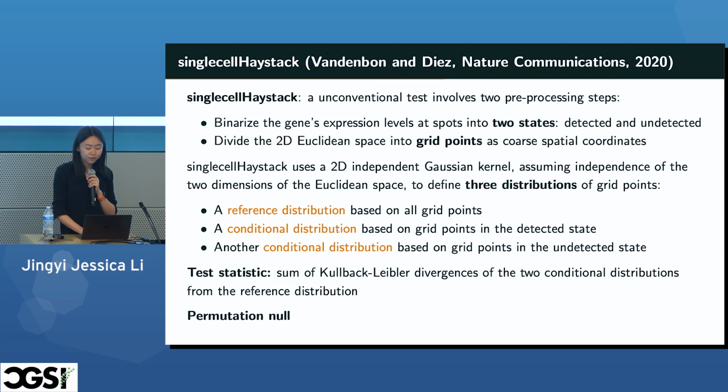One KL divergence is the divergence from the reference distribution to one conditional distribution. So you will get one KL divergence for each conditional distribution, and then you add up these two. And in this case, for sure, we don't have a good theoretical null distribution. Then they do permutation. By permutation, it means that they randomly shuffle the gene expression levels across the spots and then compute their test statistic.